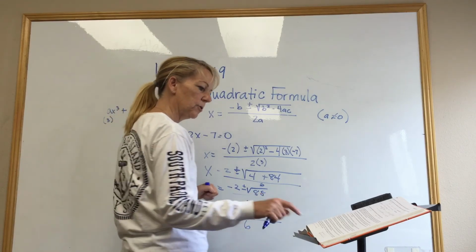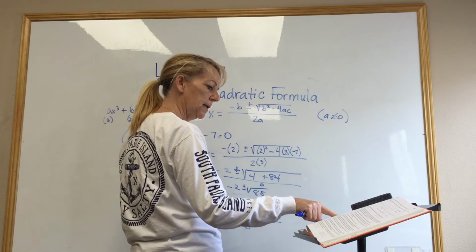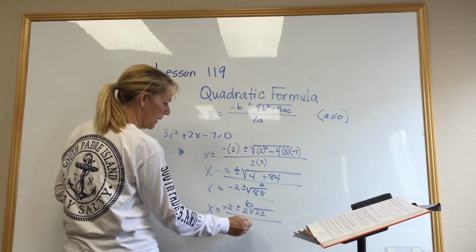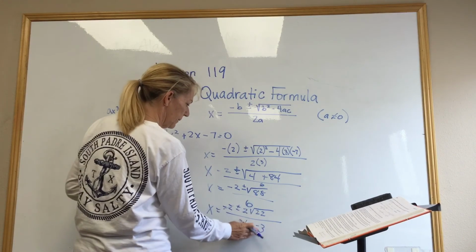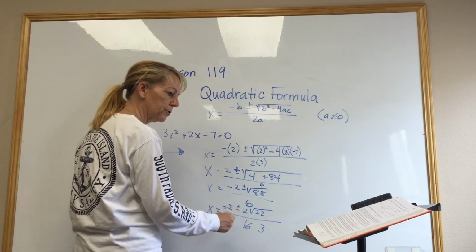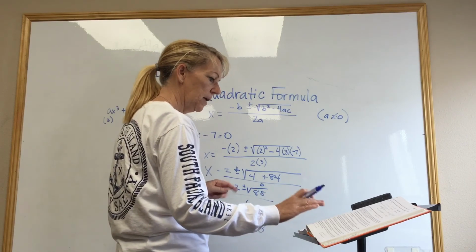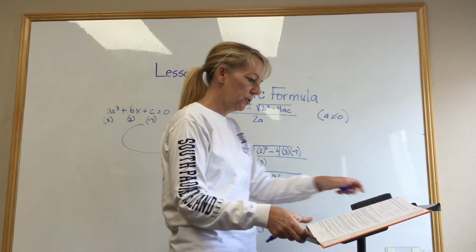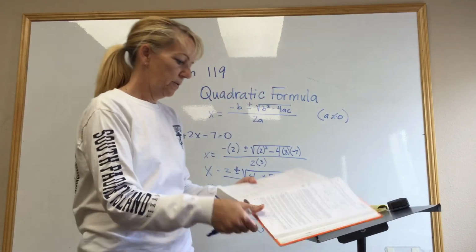And then I can cancel out from top to bottom the 6 and the 2 right here, and that makes that a 3. So I am going to then write plus or minus. Because it's plus or minus, you write it 2 ways. And you can see that on page 502, they wrote it both ways right here.